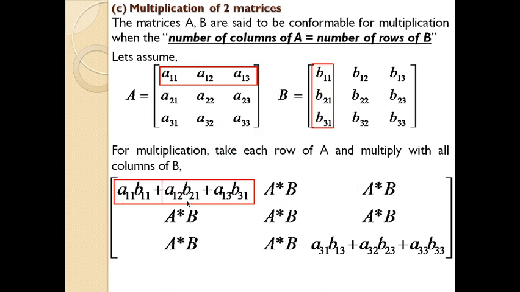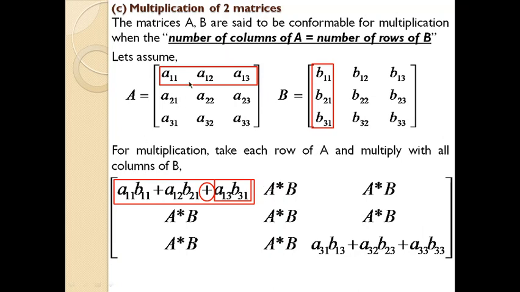Again plus, next A13 into B31, you will get A13 B31. So this is the first part. By adding all these, you will get the value of the first element of the new matrix.